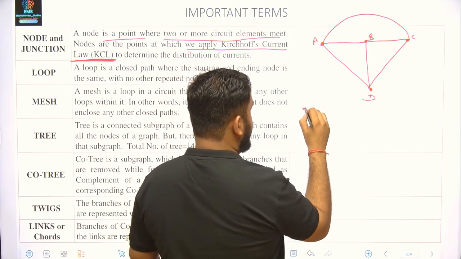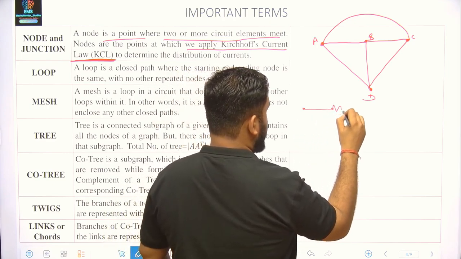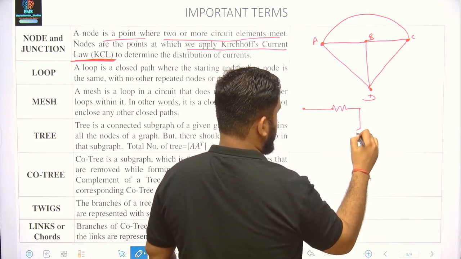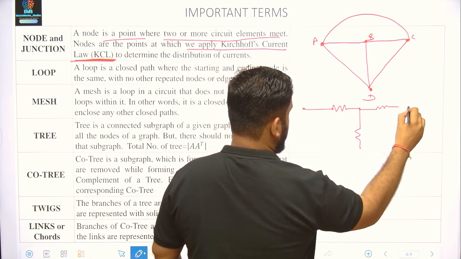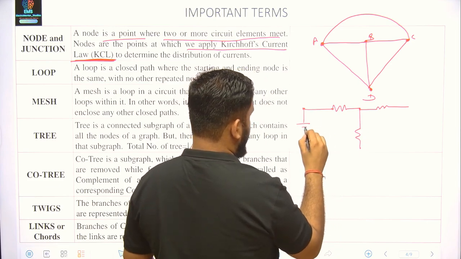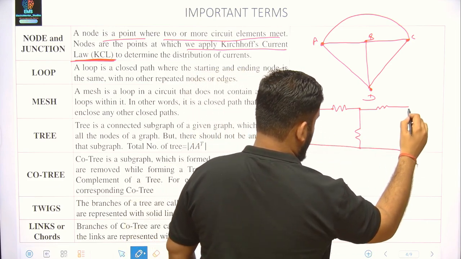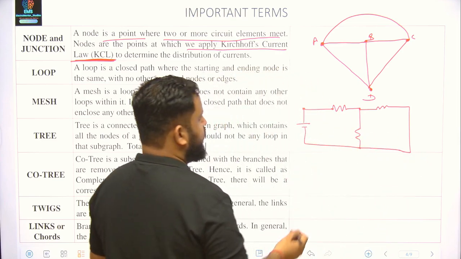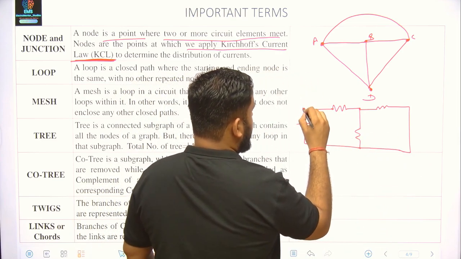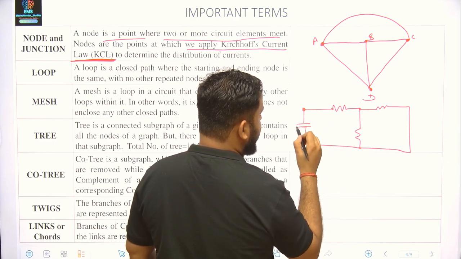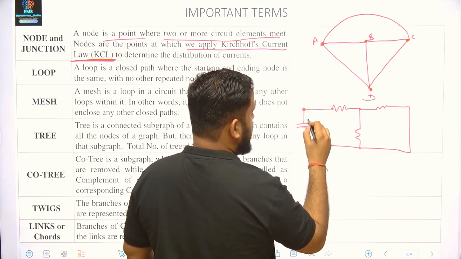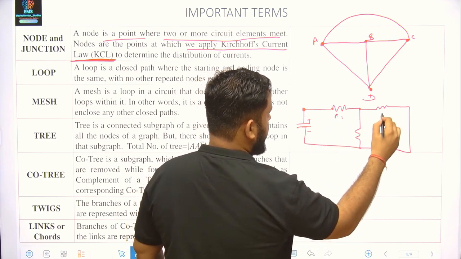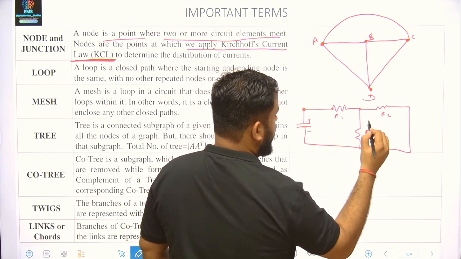For example, let us just see an example. Okay, now here we have two elements connected. One is battery, other one is resistance. Okay, R1, R2, R3.